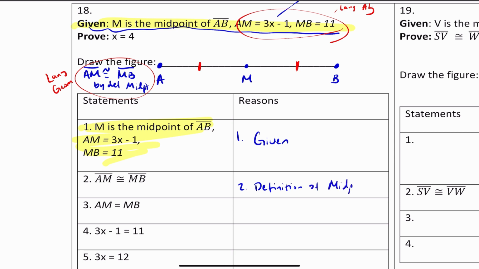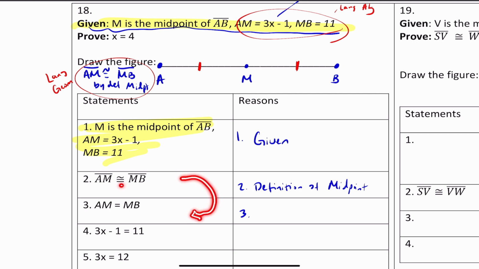I know I said language of geometry implies definition of congruence, but you're not there yet. If M is the midpoint of segment AB, what is the result? Segment AM is congruent to segment MB by the definition of midpoint, as we discussed at the beginning. This is where you go from the language of geometry to the language of algebra.